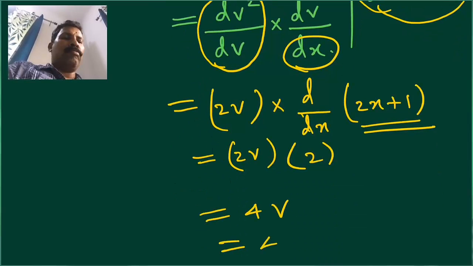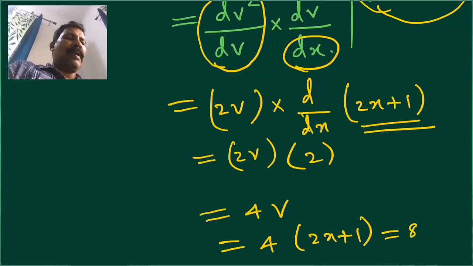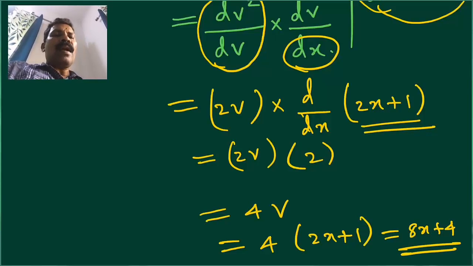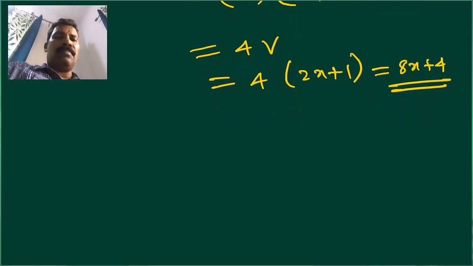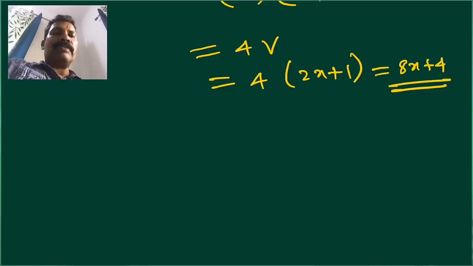Then you go back to what your v is, that is 2x plus 1, or simply 8x plus 4 you can write. So actually this is what is called the derivative of a composite function. Why it is a composite function I explained already. This is a square of a polynomial of x, just like f of g of x. That is why it is called a composite function.